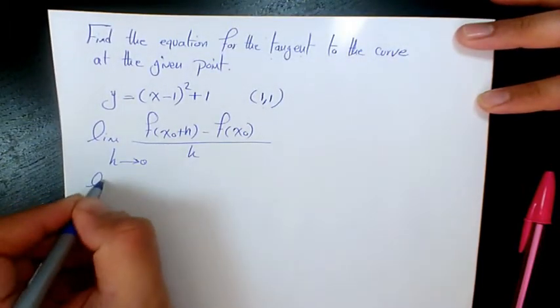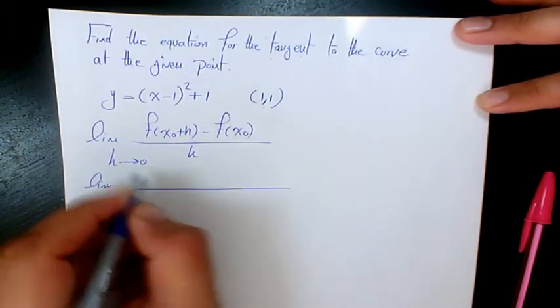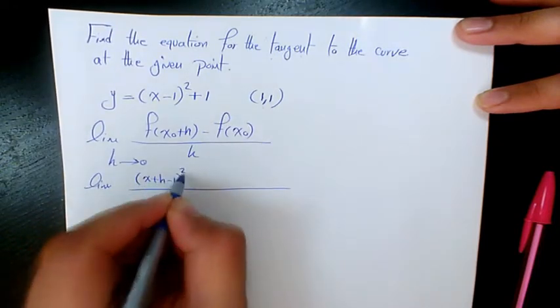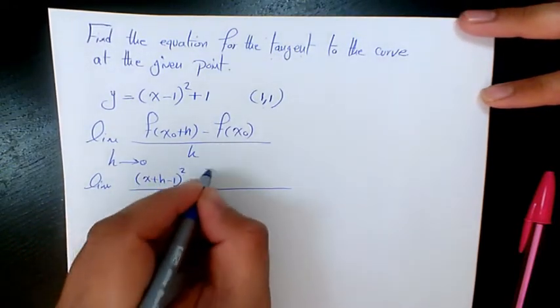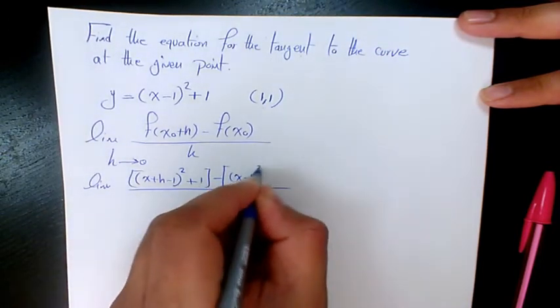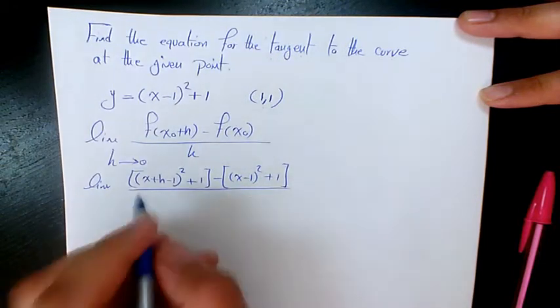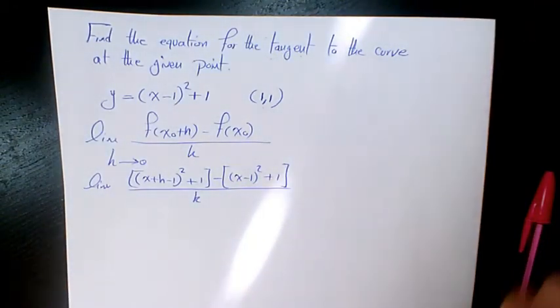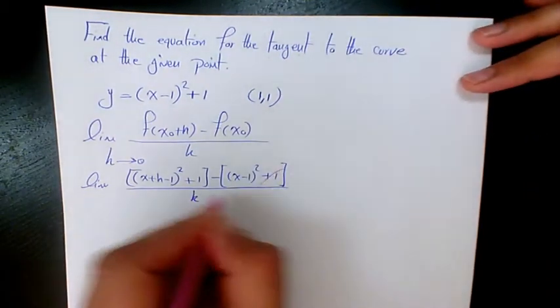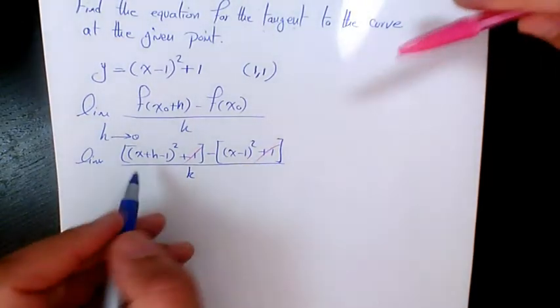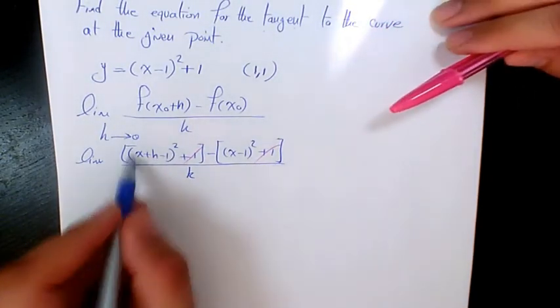So it's going to be the limit of ((x plus h minus 1) squared plus 1 minus ((x minus 1) squared plus 1)) divided by h. So right from the beginning we need to start simplifying. 1 and 1 cancel out, and here we need to expand this one.